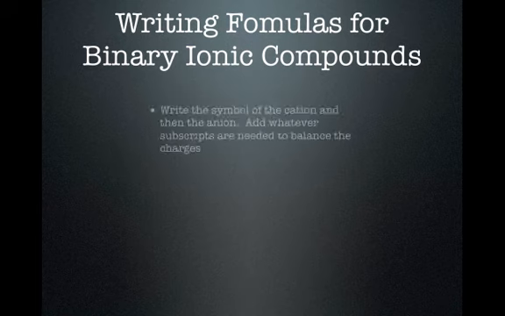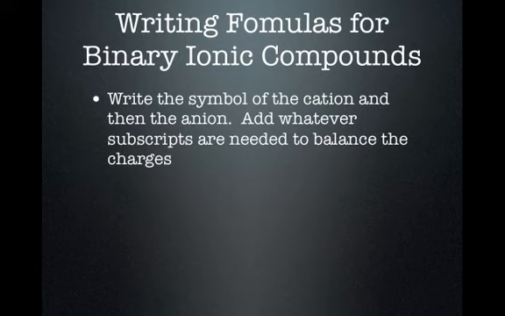Alright, so let's do this the other way around. If we want to write the formulas, we simply write the symbol for the cation, then the symbol for the anion, and we put the necessary subscripts in to make sure it balances. So let's take a look.